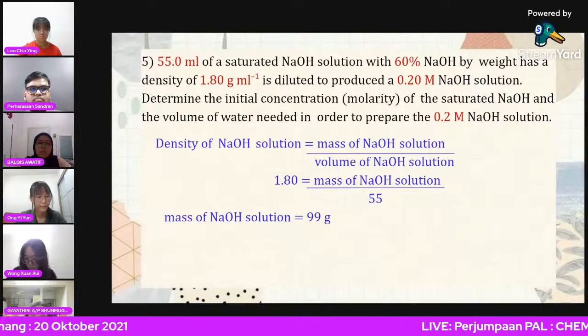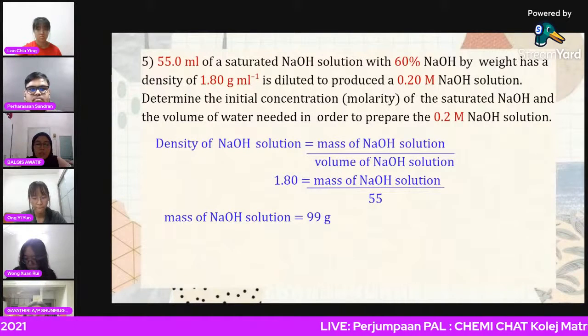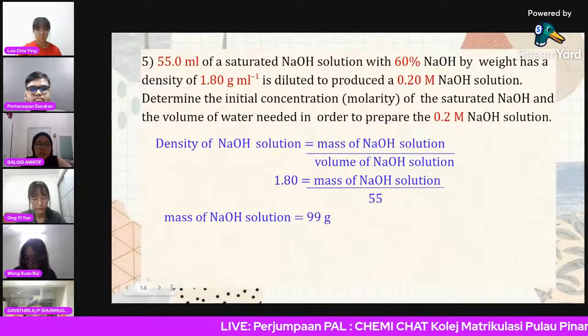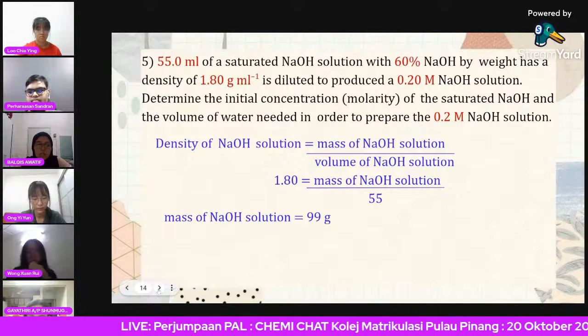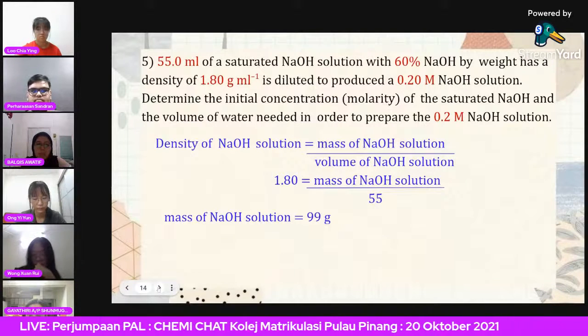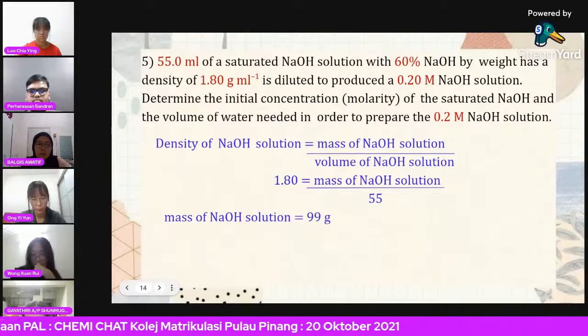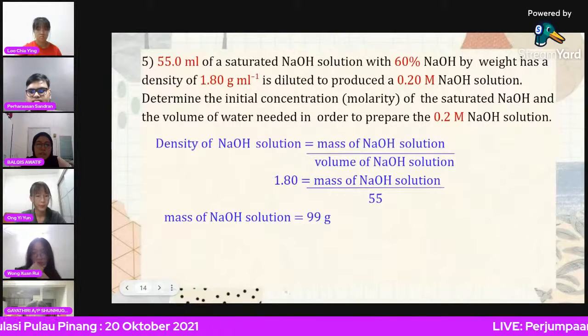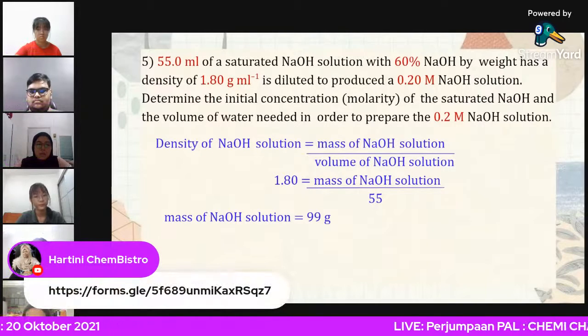So we substitute: the density is 1.80 equals mass of sodium hydroxide solution, the value that we need to find, per 55 milliliter. So the mass of sodium hydroxide solution is 99 gram.